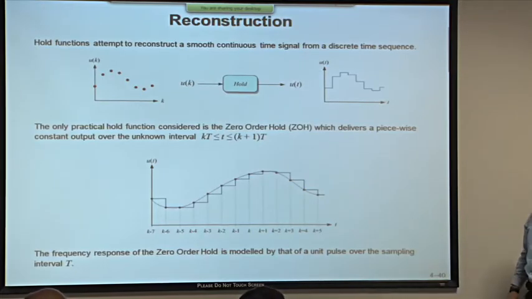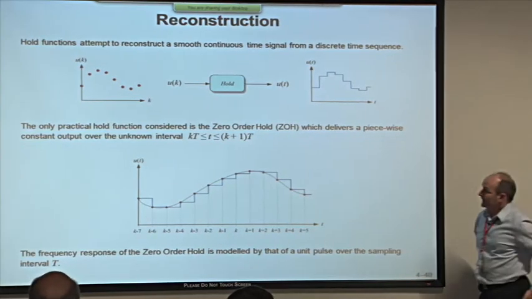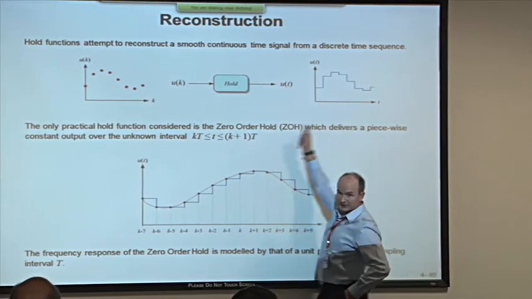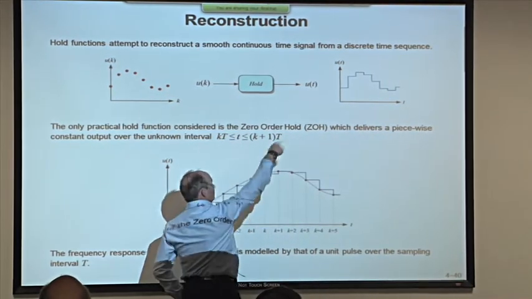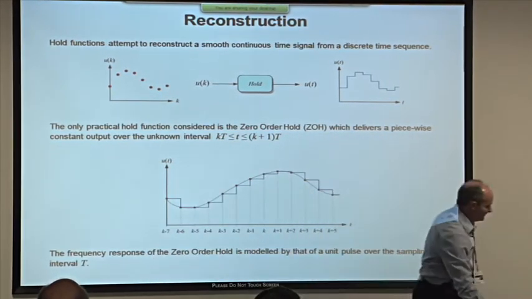Now, the other thing that we've got to be careful of, apart from managing time delays, is the effect of this reconstruction using a zero-order hold. That's the thing that turns this sequence of numbers into a sort of steppy function.